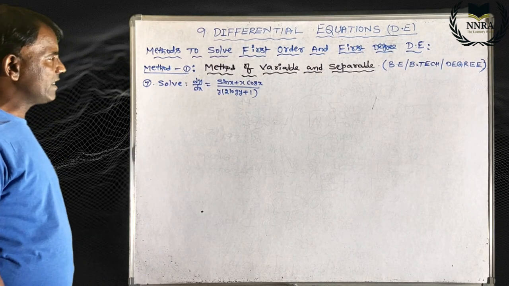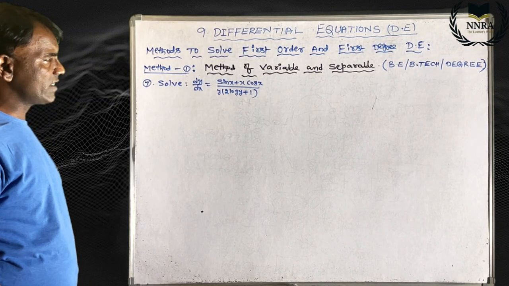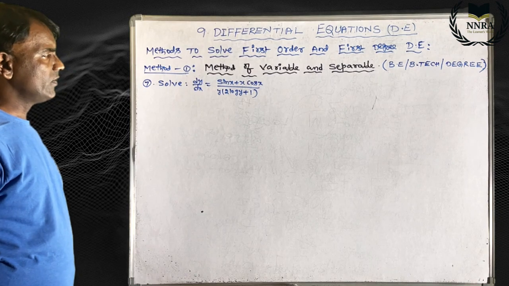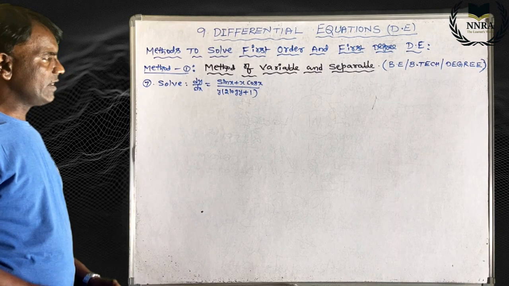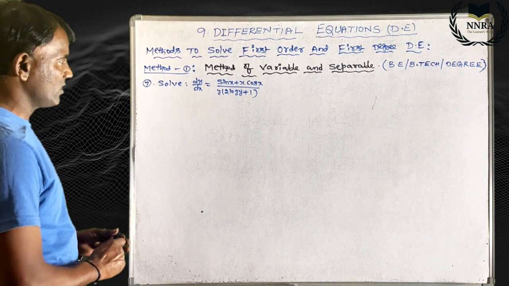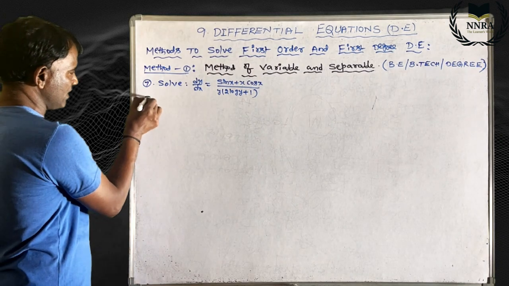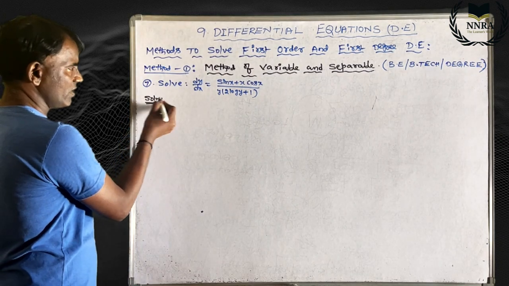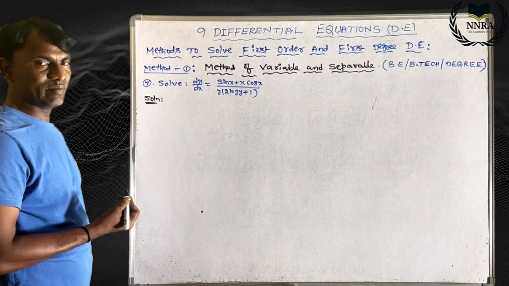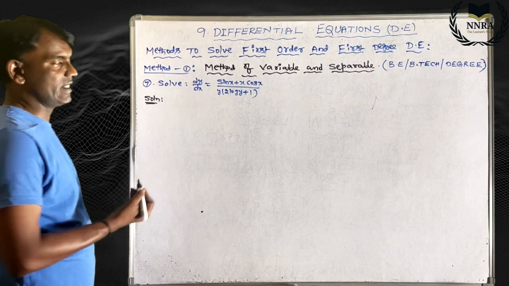Solve dy by dx equal to (sin x plus x cos x) divided by y(2 log y plus 1). So this is also the same method, variable separable only, right? This is a little bit lengthy question, but a simple, easy question.